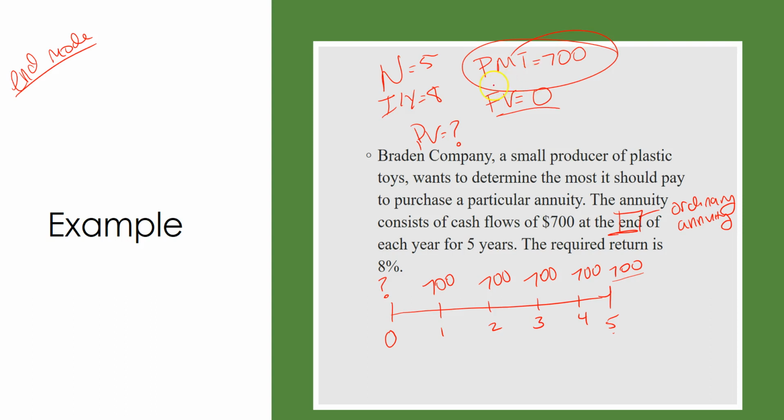So by saying that there's a payment of 700, that tells your calculator that 700 will occur in year 1, 2, 3, 4, and 5, because you put in 5 years here. I know that the future value is 0 because you're receiving 700 here and nothing else. So if you can say that Braden Company is going to receive $700 every year and nothing else in the final year, then your future value is 0.